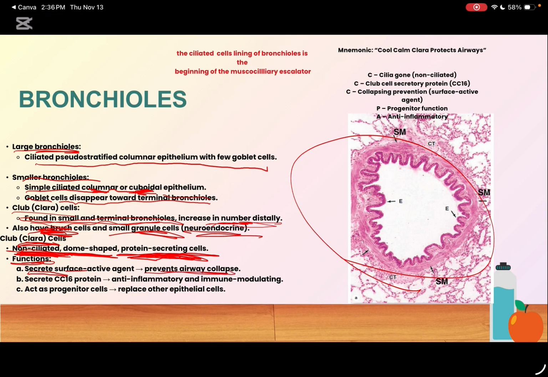It also secretes CC16 protein, which has anti-inflammatory and immune-modulating effects. And they act as progenitor cells. Why? They basically just replace other epithelial cells.